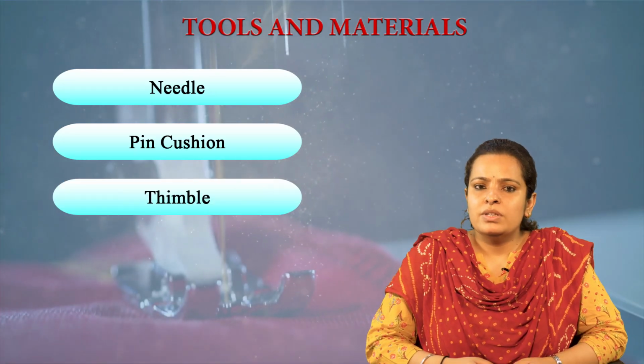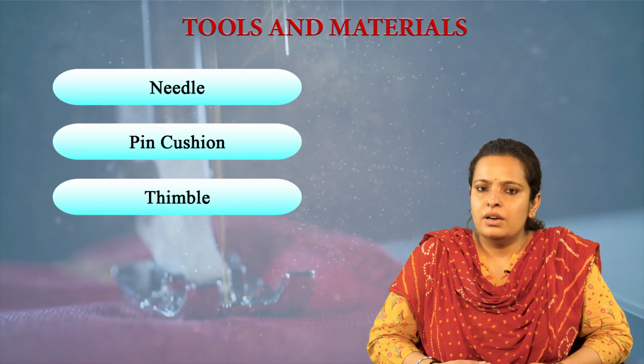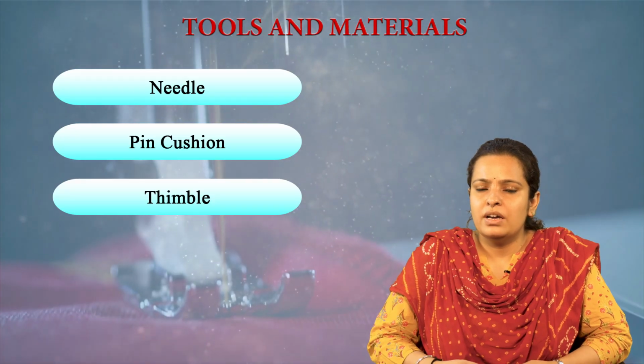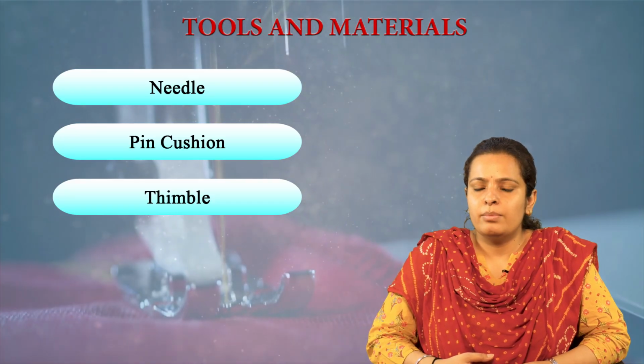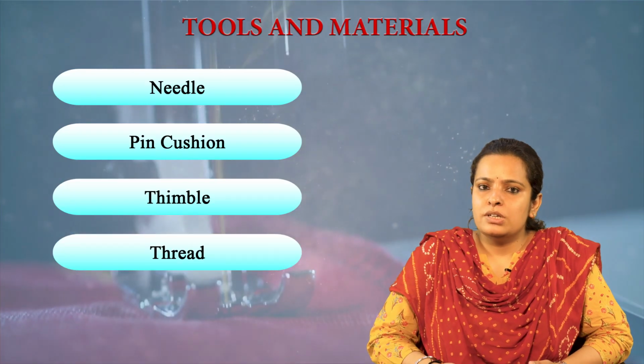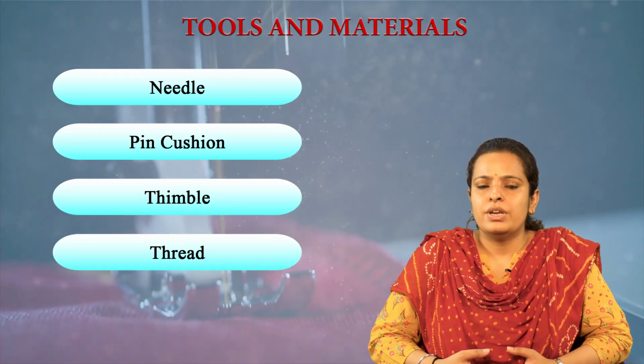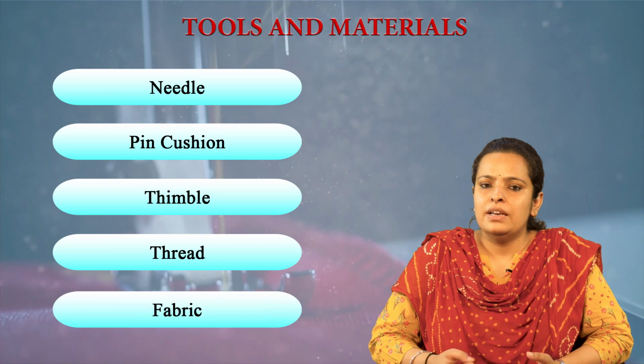We need a thimble, an instrument we wear on our finger so it doesn't get hurt by the needle. We use different types of threads to create the stitches, and we need a fabric. So these are the basic tools we need to create basic hand stitches.